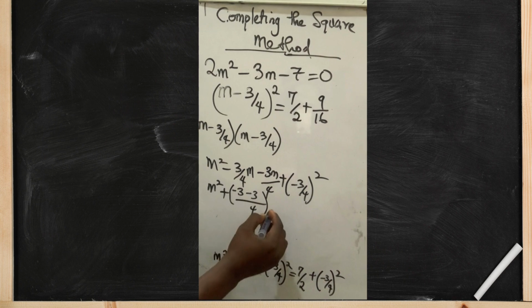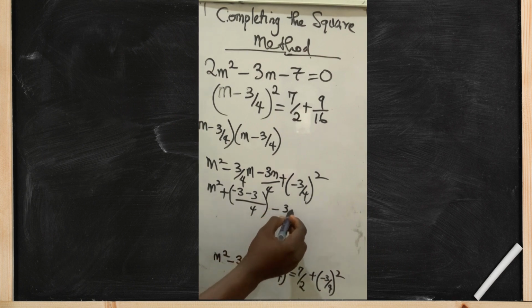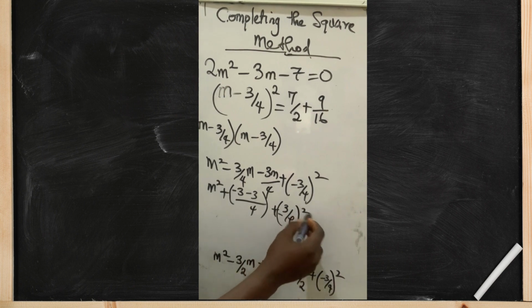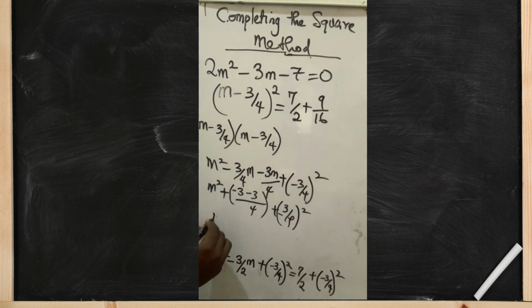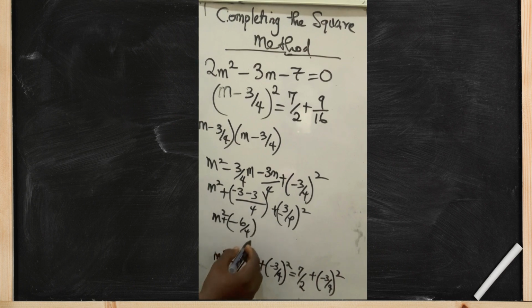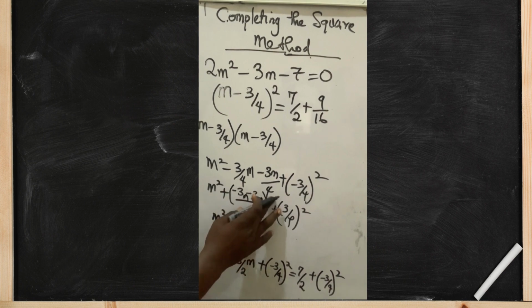So by the time you're having this, you're having m square minus 6 over 4. You're still having the m, right?